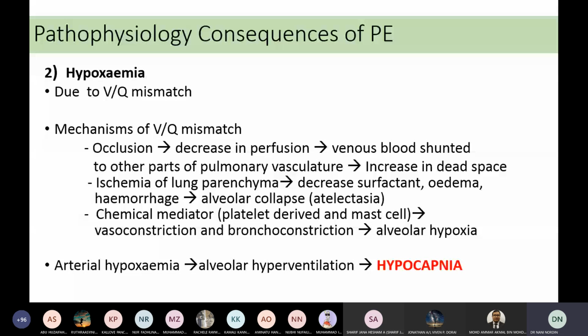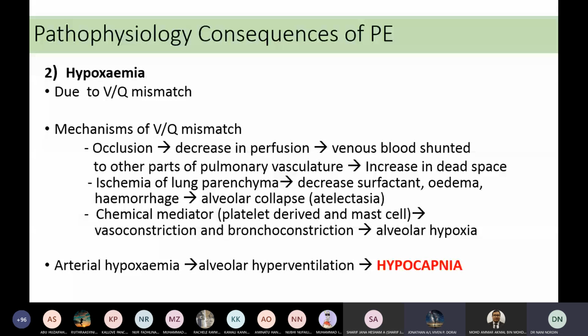Just when you talk about decrease in perfusion, yes, there is decrease in perfusion, right? So you're right, there will be an increase in area of dead space, because you will have areas in which you have ventilation but there is no perfusion. But where would the blood go?